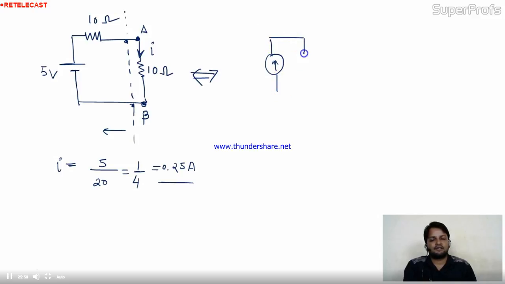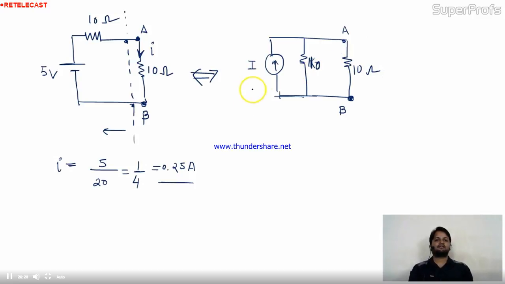If it is a current circuit, the value of the current will be connected in parallel with the resistance. This is the point A and B. Across the points A and B, I am going to convert this voltage circuit into a current circuit. This will be the current. The resistance will be same as given, the value is 10 ohm. Here also the 10 ohm is connected.